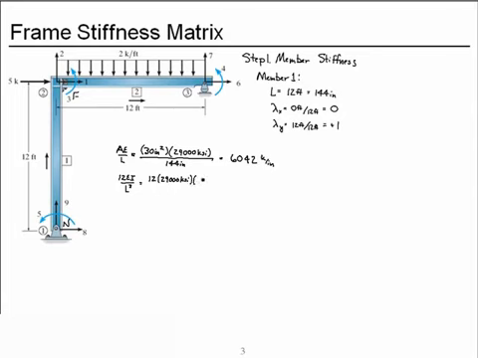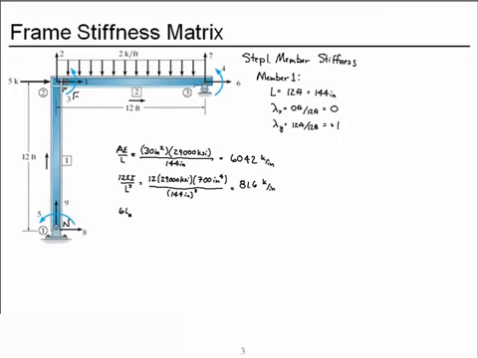The moment of inertia for the members of this frame are both 700 inches to the fourth, all divided by the length, 144 inches cubed. When we evaluate this expression, we get 81.6 kips per inch.